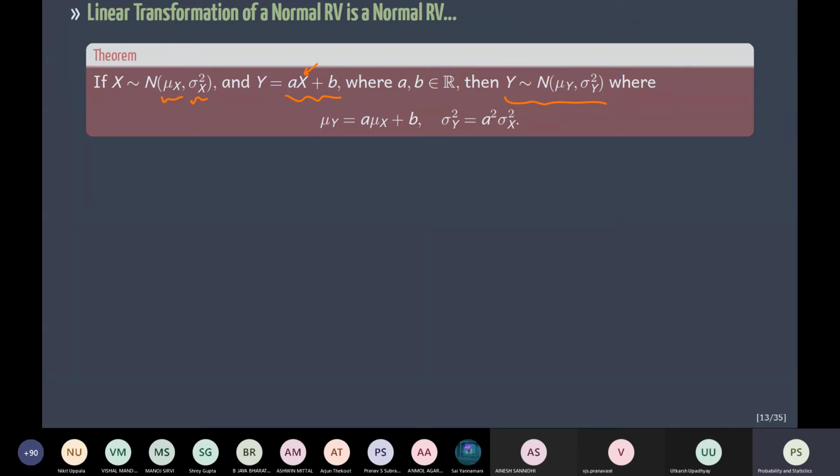I don't think I have to spend too much on this. To get this, you know what to do: you take the expectation, use linearity of expectation, and the expectation will look like this, and the variance will also look like this.